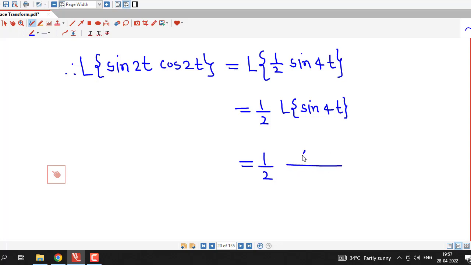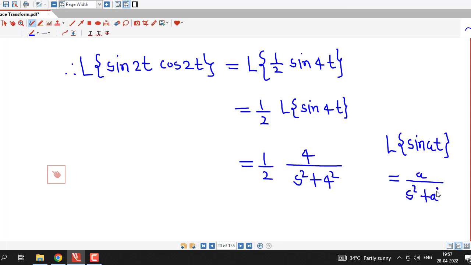We are using the standard formula for Laplace transform of sine at. It is given by a divided by s square plus a square, and here a equal to 4. So it is 4 divided by s square plus 4 square, and this 2 will cancel out with this 4, and we have 2 divided by s square plus 16. Therefore Laplace transform of sine 2t times cos 2t is equal to 2 divided by s square plus 16.